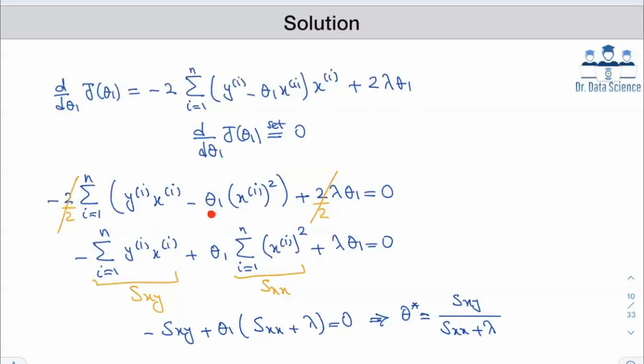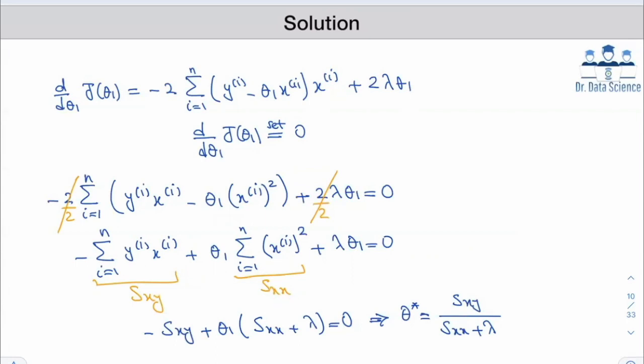So I can take theta 1 outside of the summation because it doesn't have any dependence on i, right? But anything that depends on i should stay inside the summation. Plus, I have this lambda theta 1 that I put here. If we remember from the problem statement, we call this term S of x and y, and then we call this S of x and x.